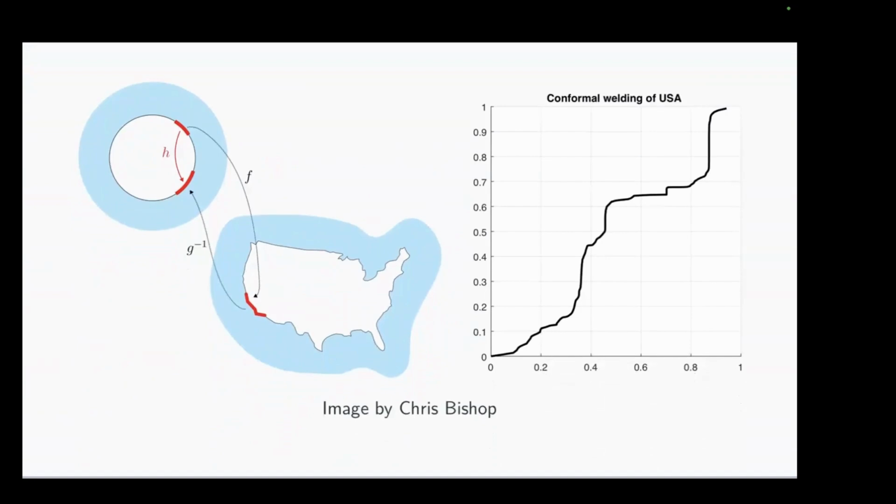Just to show you the graph of this function, what this looks like if we plot the argument. This is something that Chris, my advisor, helped me put together. And you get this when you draw the conformal welding of the United States.